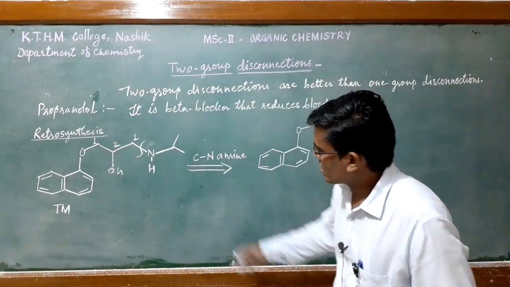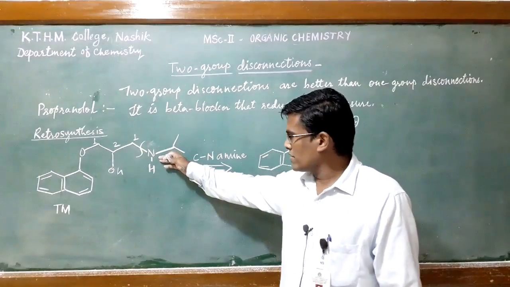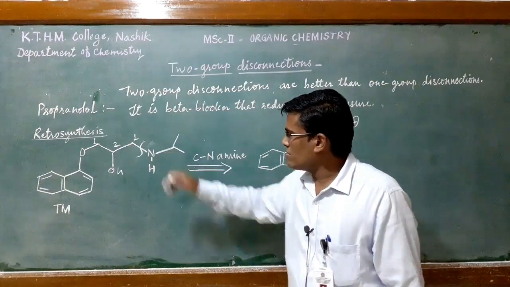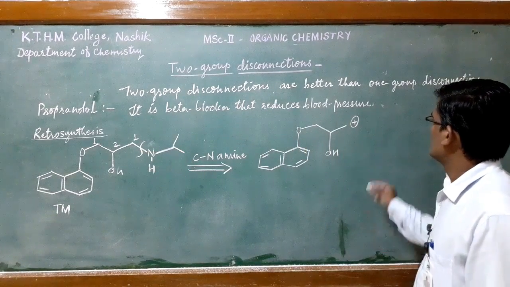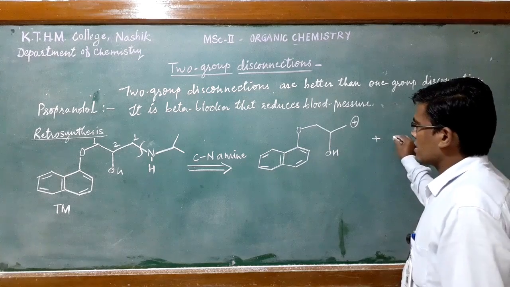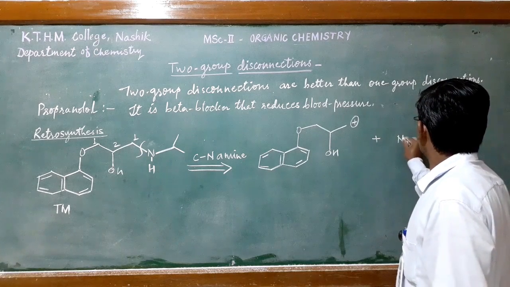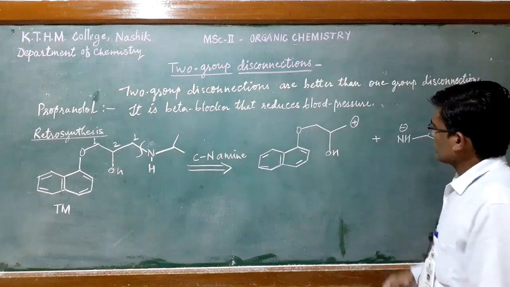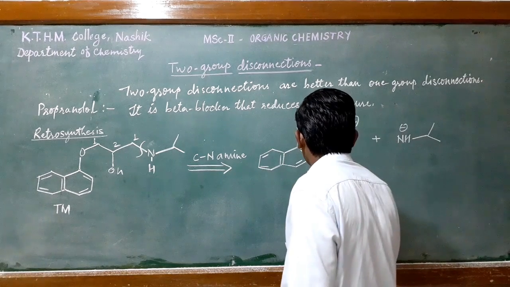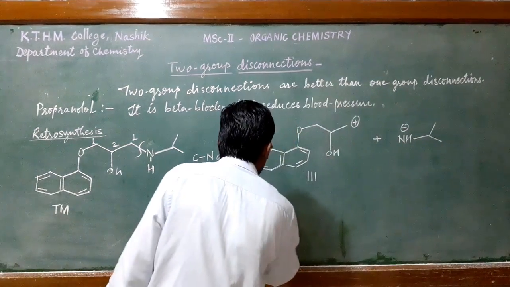Okay. Since nitrogen has more electronegativity, it tends to have a negative charge and this carbon will have a positive charge. So, we can translate to its chemical reagent.